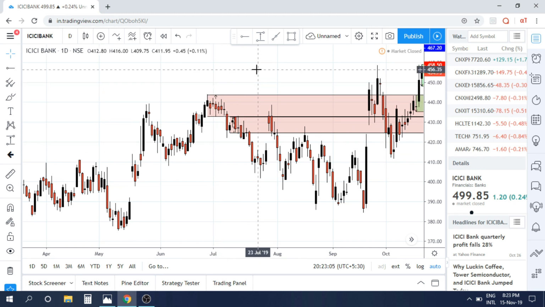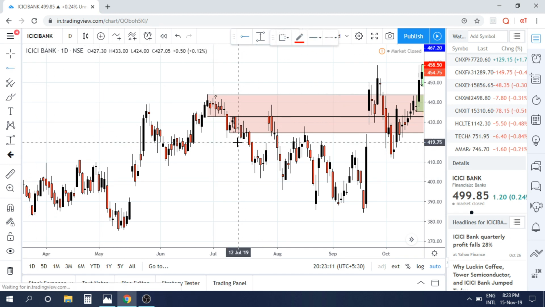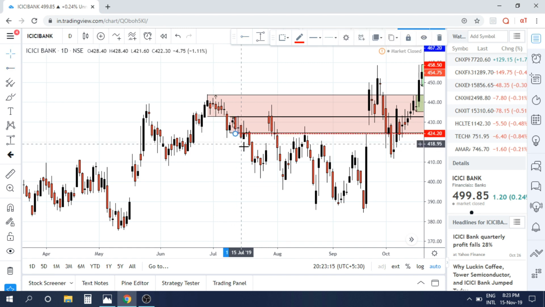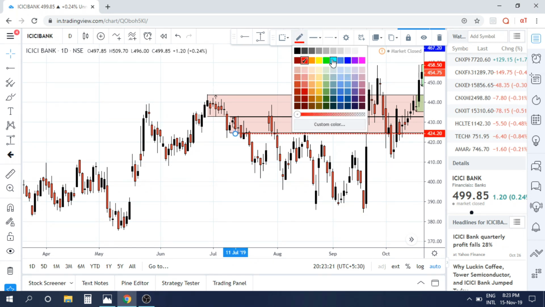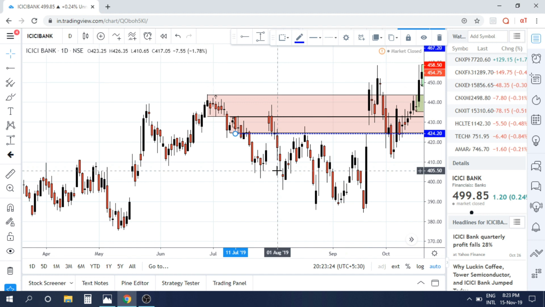So had you been using the first strategy, you would have entered here. This is one way of entry. I'm sorry, this should be entry at blue color. So one way to enter this stack zone is to keep your entry over here at the start of the first zone.